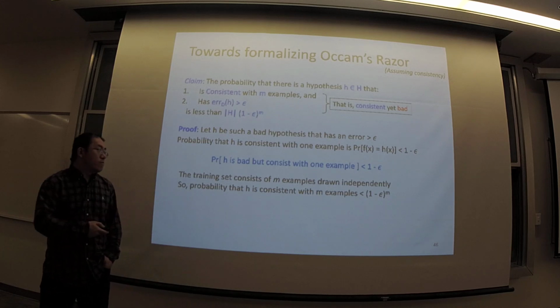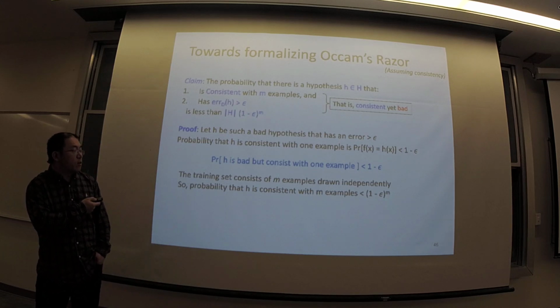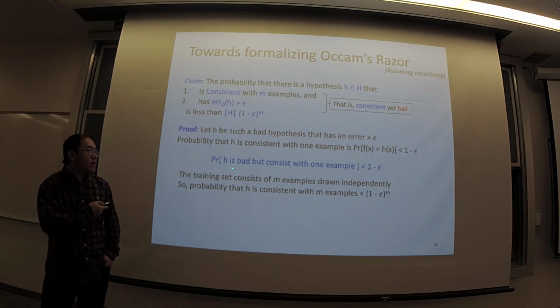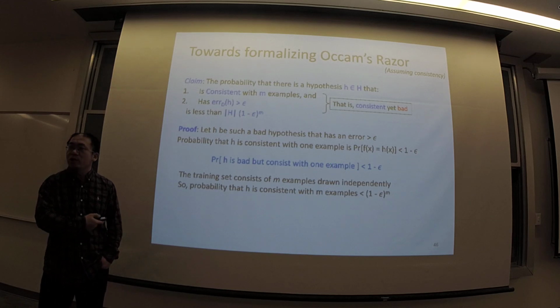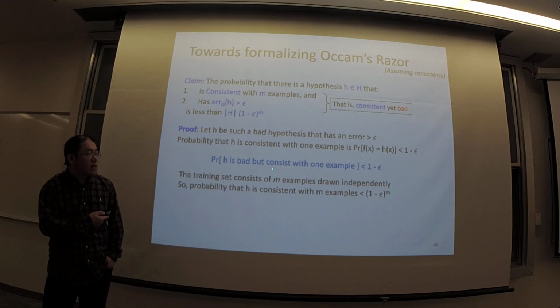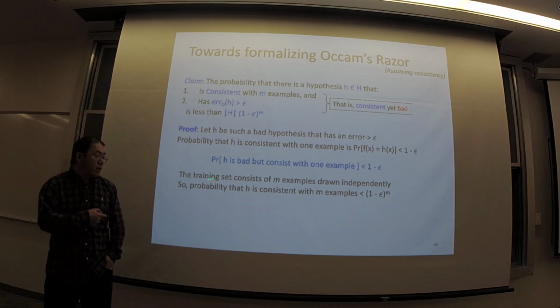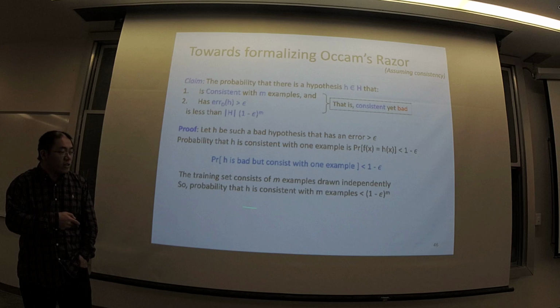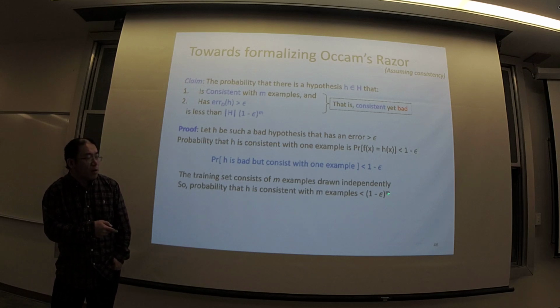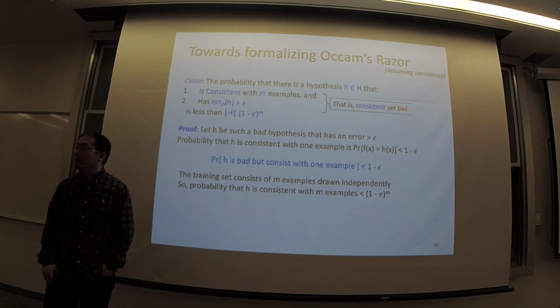Because it just means the event that H is bad but consistent with training example 1, and H is bad but consistent with training example 2, and so on, until H is bad but consistent with the last training example. Those events are independent. So the probability of their intersection is upper bounded by (1 minus epsilon) to the power of m.